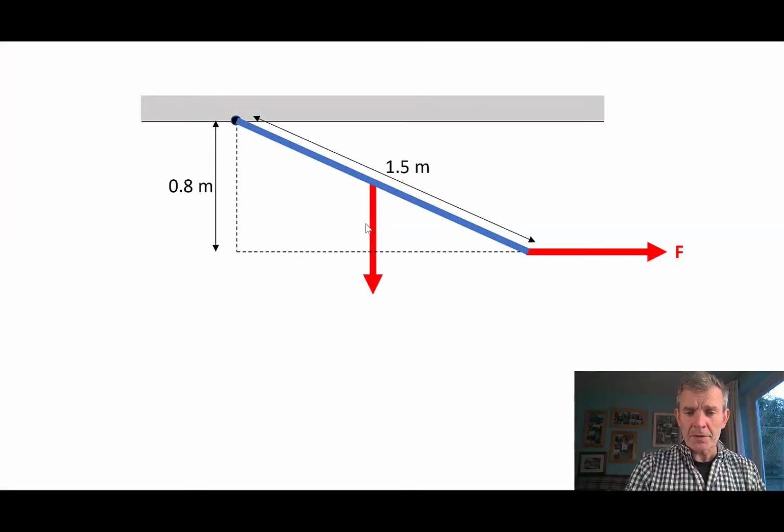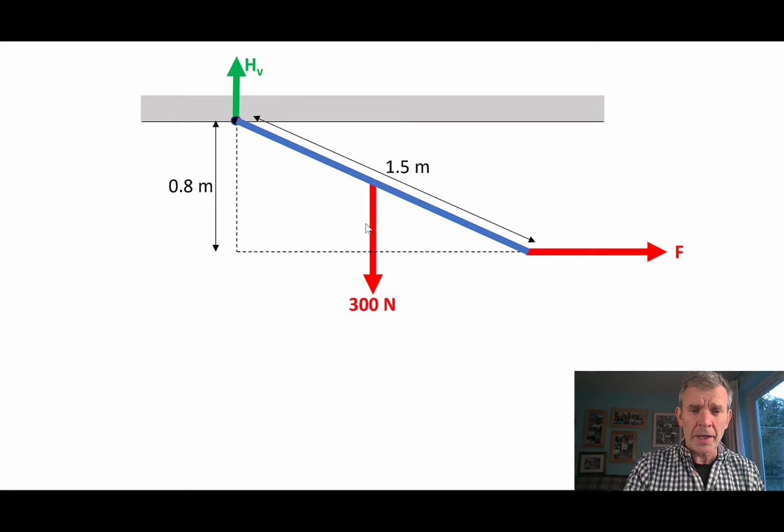Okay, so let's just take a look at the forces again. We've obviously got our force acting to the right. We've got our vertical force of weight acting in the centre of our rod. Without the hinge, the weight of the rod would cause the whole rod to accelerate downwards. But because the rod is in equilibrium, there must be a vertical force from the hinge holding it upwards.